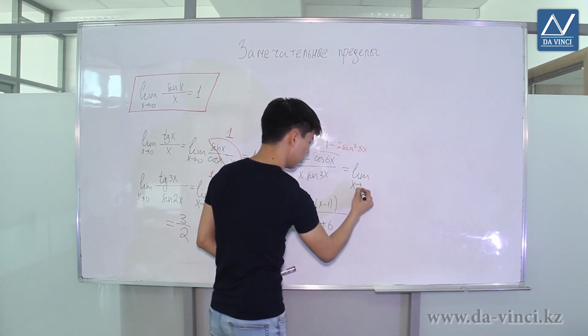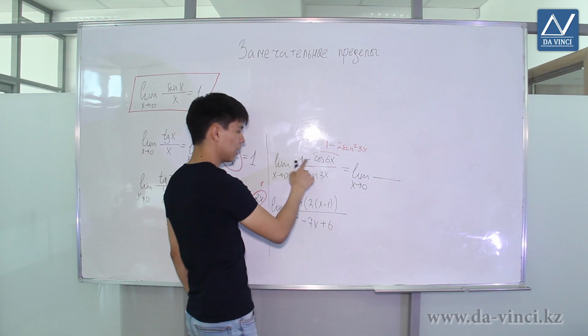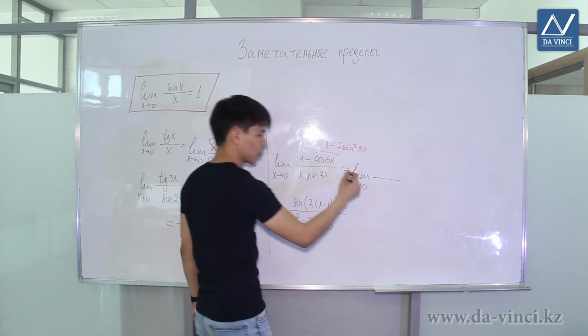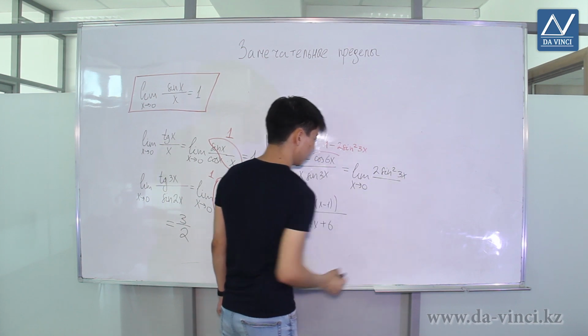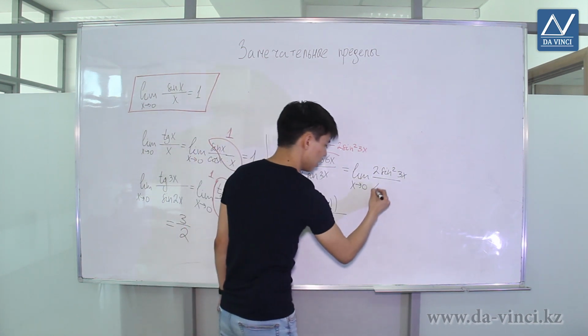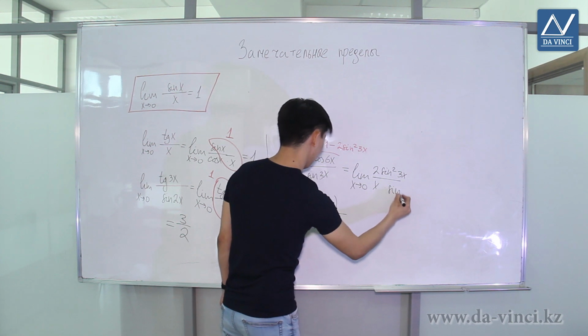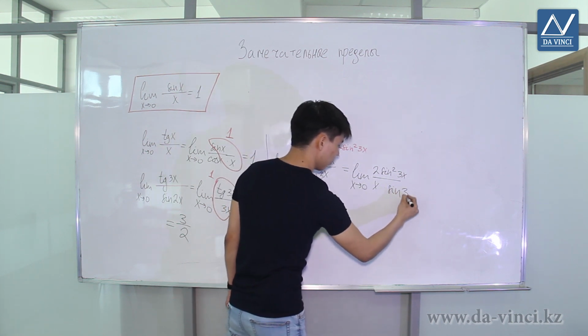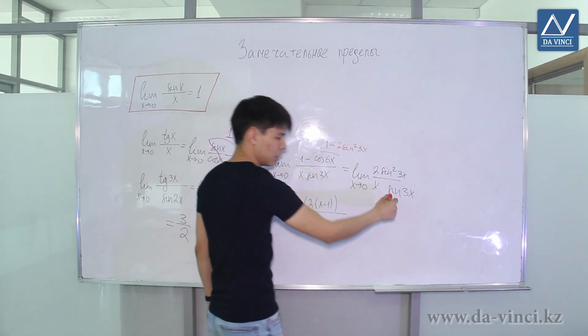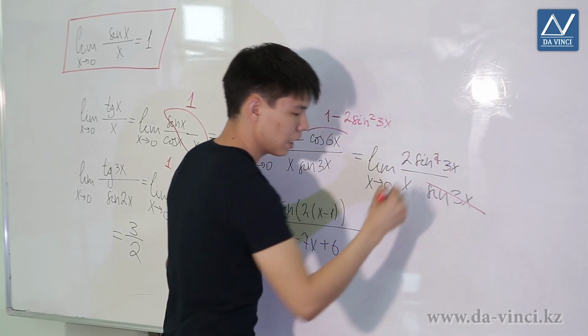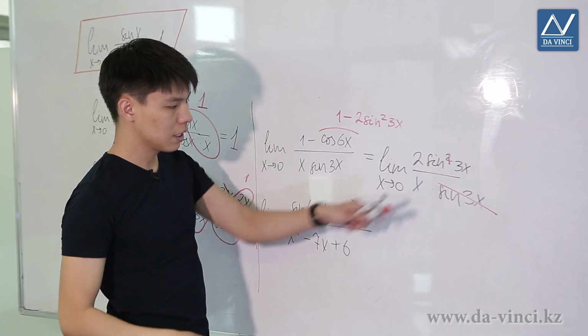Limit as x tends to 0. On top there will be 1 minus 1, 0. Minus minus will give plus 2 sine squared 3x. Below we have x sine 3x. We can reduce the sine squared and the sine, and it remains 2 sine 3x divided by x.